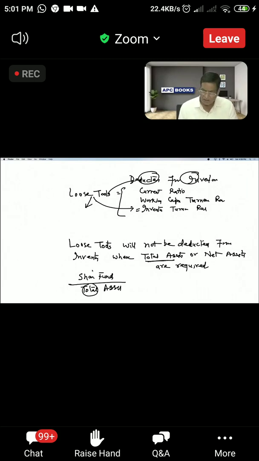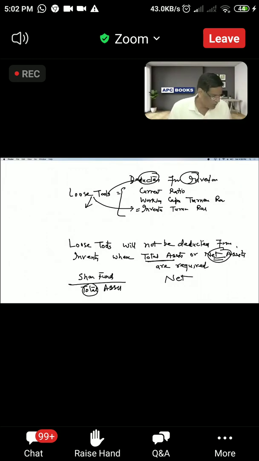Similarly, for calculating capital employed, capital employed means net assets, so loose tools will not be deducted. That's the whole theory about loose tools. So the 20,000 loose tools given in this inventory will remain included in inventory while calculating this ratio.